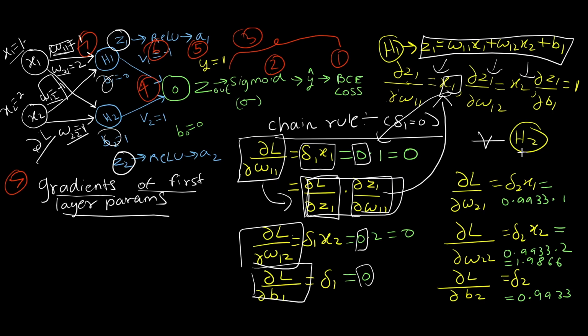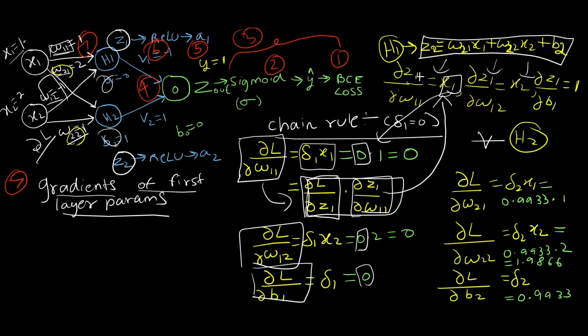Similarly, we're going to do the same thing for hidden layer neuron 2, H2. Instead of Z1 we will have Z2, and the incoming weights to Z2 are W21 and W22. So we'll have W21 with input 1 and W22 with input 2, and the bias will be B2 instead of B1.